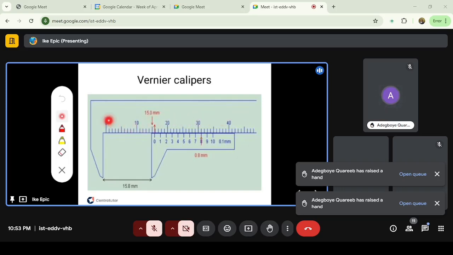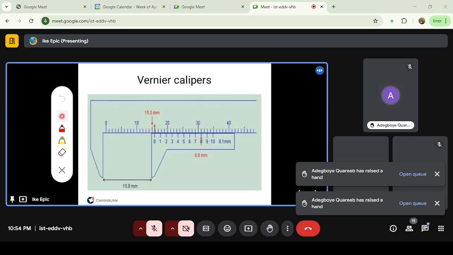It means that if this is 0 and this is 10, then these small ones will be 1, 2, 3, 4, 5, 6, 7, 8, 9, 10. The next ones will be 11, 12, 13, 14, 15, 16, 17, 18, 19, 20. The next will be 21, 22, and so on, on the main scale.